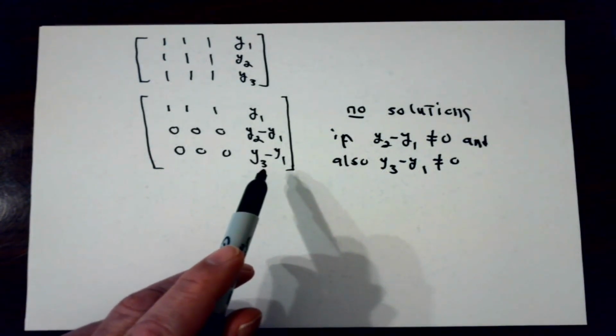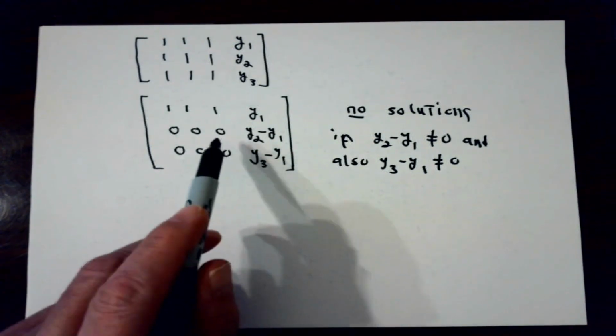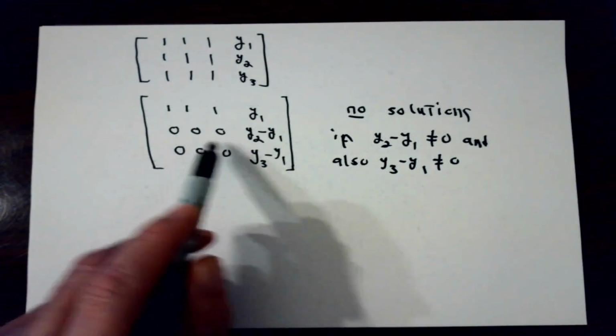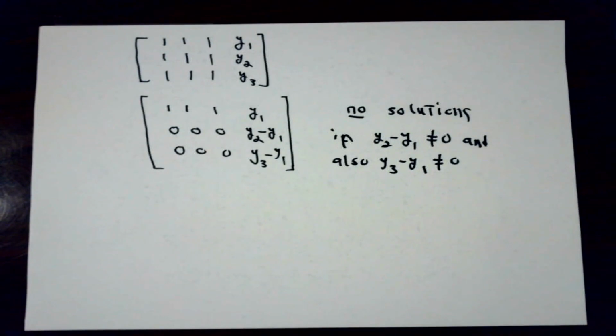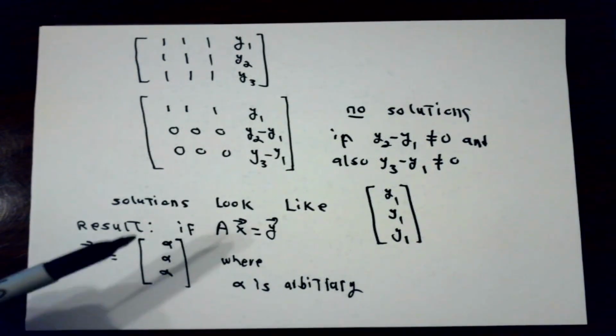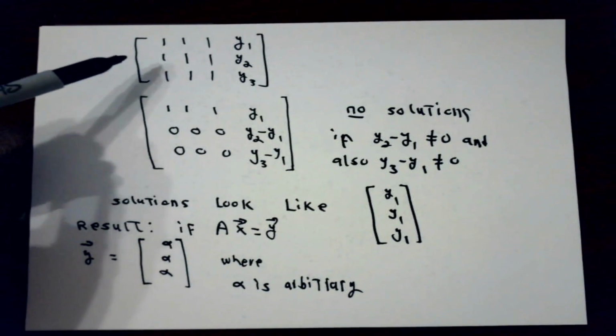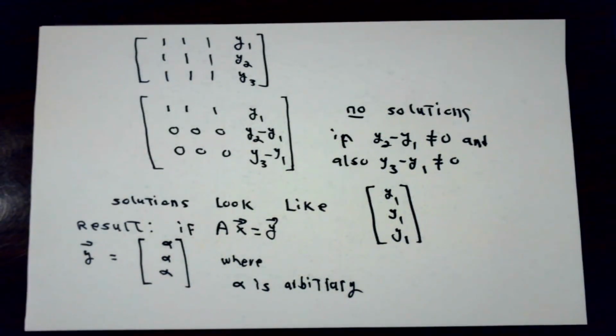The next equation up says 0 equals y2 minus y1. If y2 minus y1 is not 0, then there's no solution. Likewise for y3 minus y1. The only way you're going to get a solution is if all three components of y are equal to each other. This function is not onto.